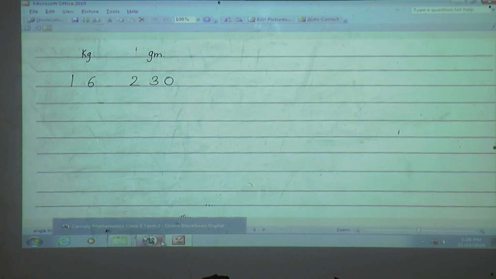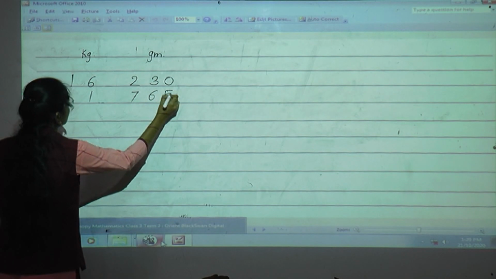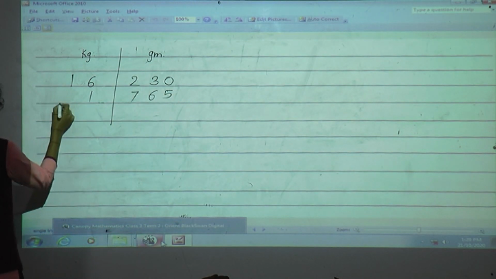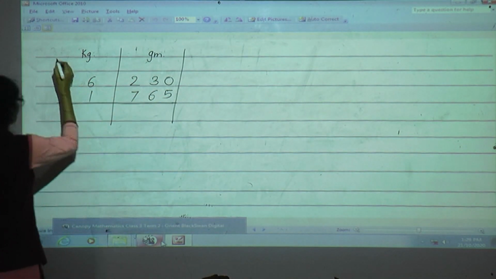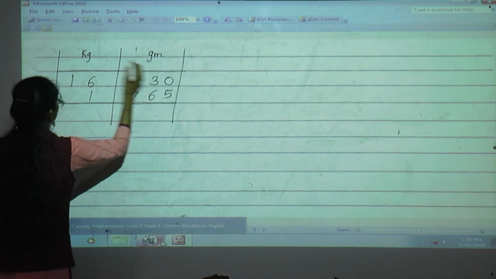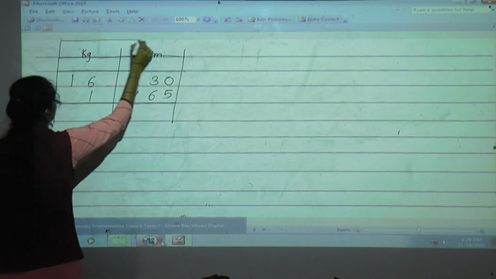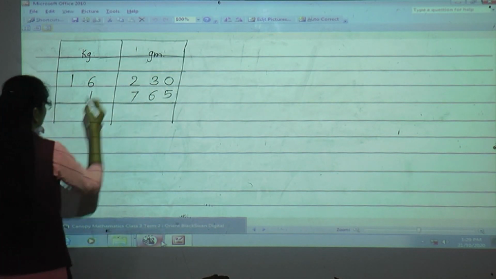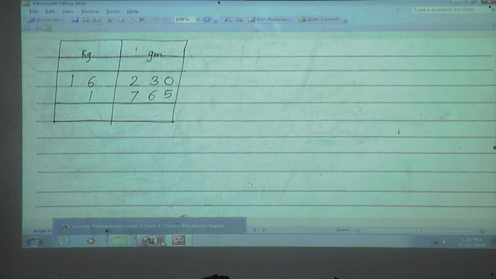So what is the weight of the empty bucket? 1 kg 765 gram. Now do the subtraction, then we will get the weight of the water. Start from the grams column.